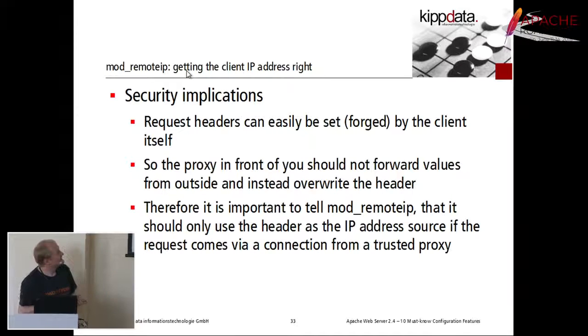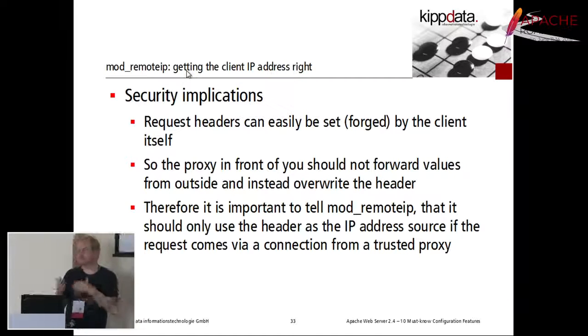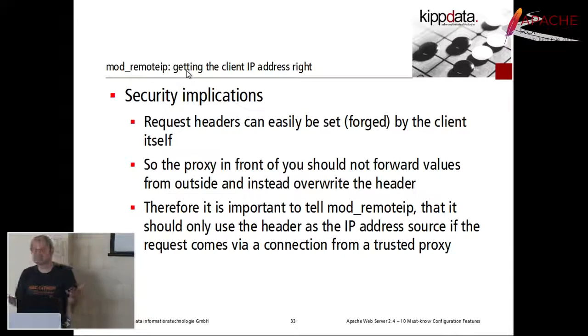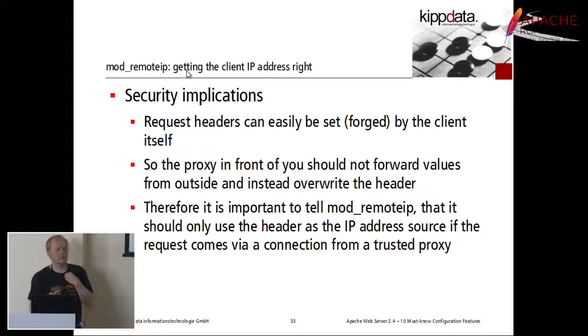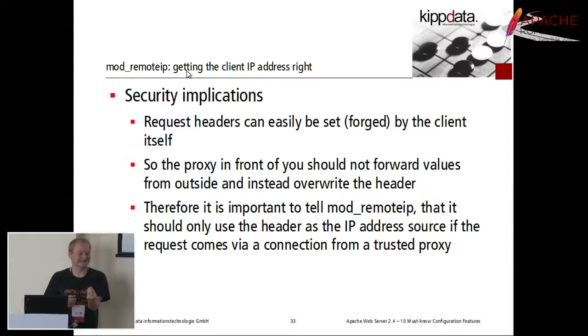So what do we do? We have some security implications. Headers can be set by any client. You can easily set an arbitrary HTTP header. But we want to use a header value to do IP-based access control or log it in our access log. So better that it's the truth that's in there and not something your user invented.